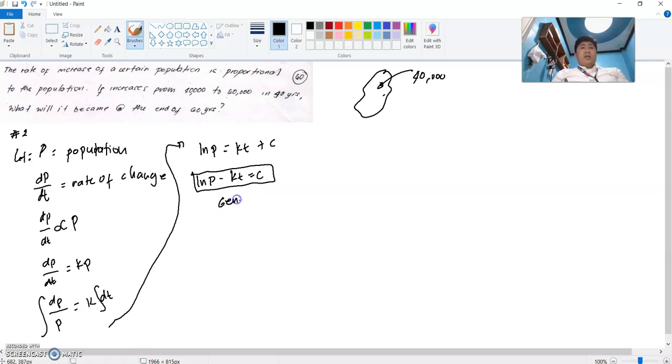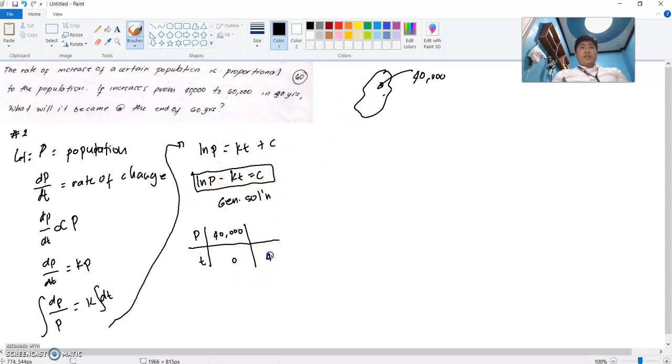This is our general solution. Now, let's make a table so that we can understand it clearly. It started with the population with respect to time. At a certain place, 40,000 people migrated to a place where there were no other people. So assuming no one else was there, it started at 40,000 population at time 0.